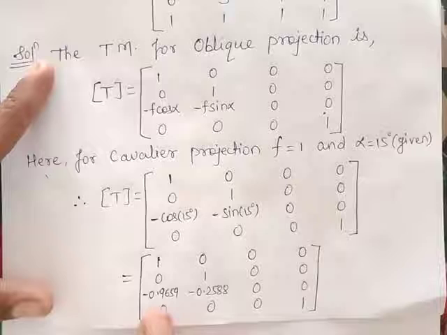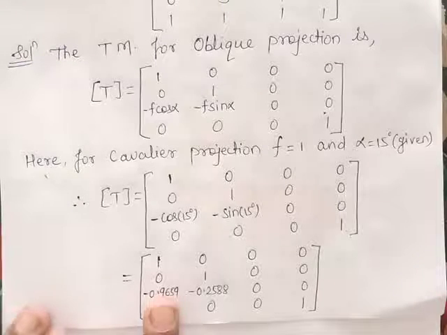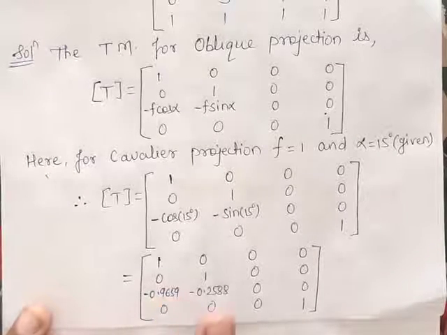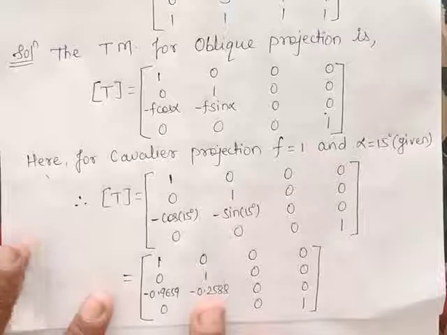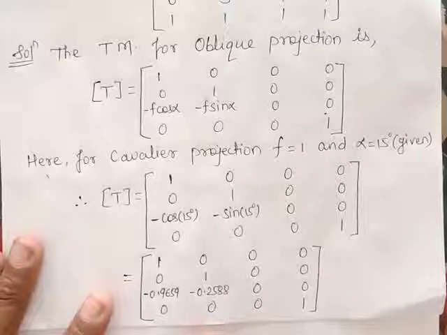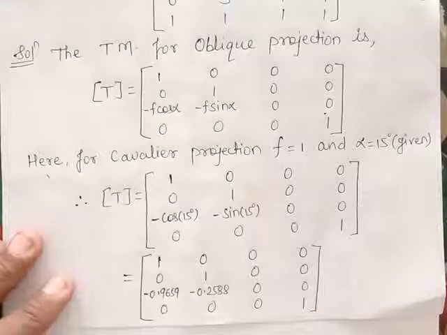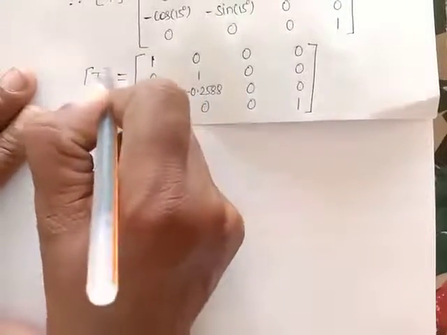This is our transformation matrix for cavalier projection. Now we have to apply this on the given object, so we get the cavalier projection of that object.